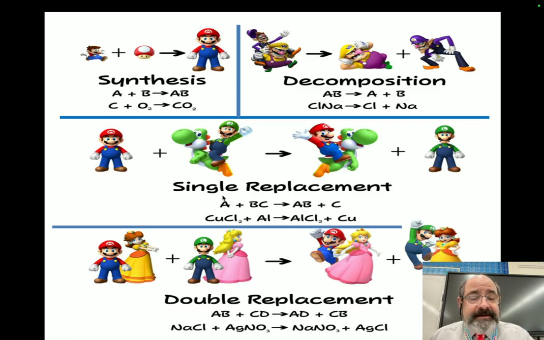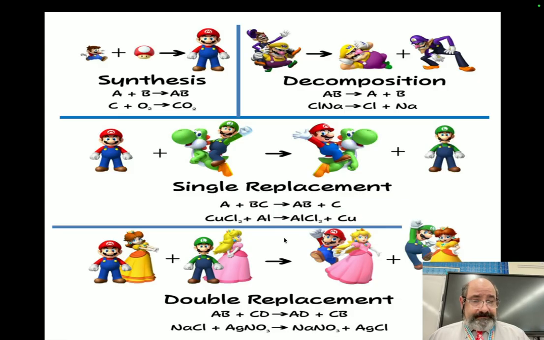One goes in, one comes out. So here is the generic A plus BC makes AB plus C. So A went in, C came out. Here we have CuCl2 and aluminum goes to aluminum and Cu. Notice the metal, aluminum, went in and then the Cu, copper, came out.